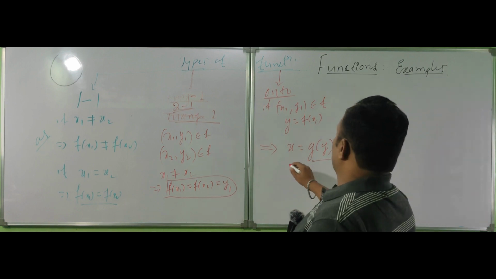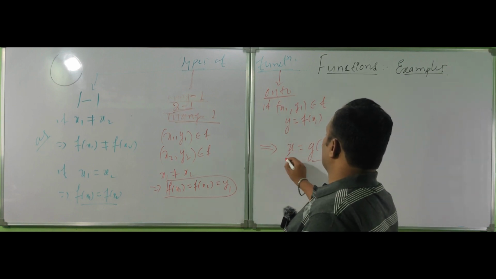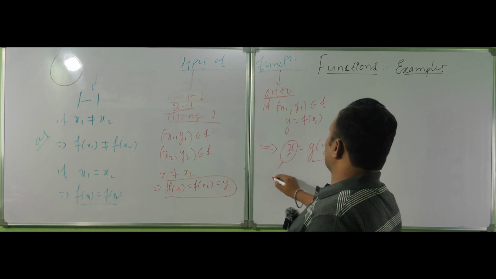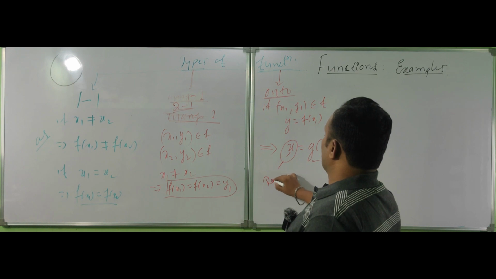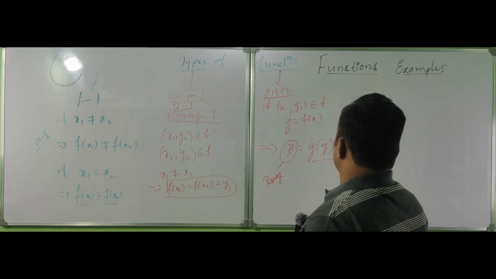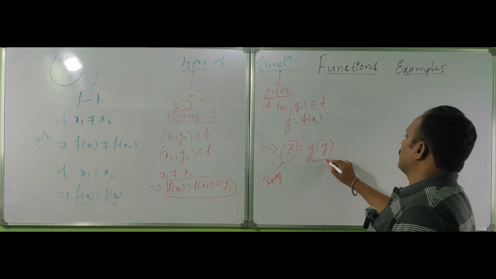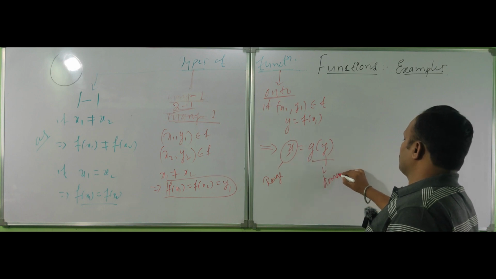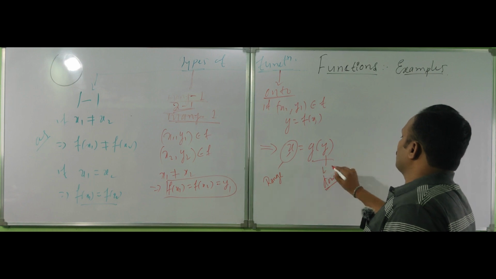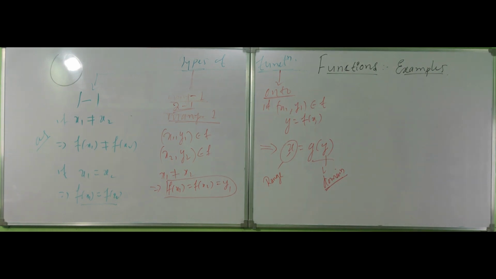This concept belongs to the range or codomain, and this is called the domain. If this condition is satisfied, then this is called an onto function.